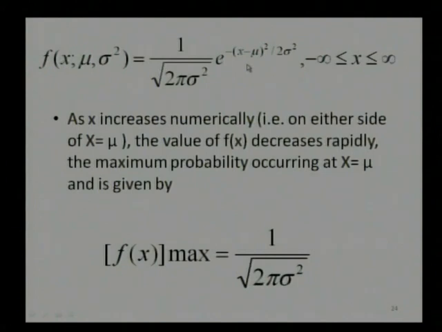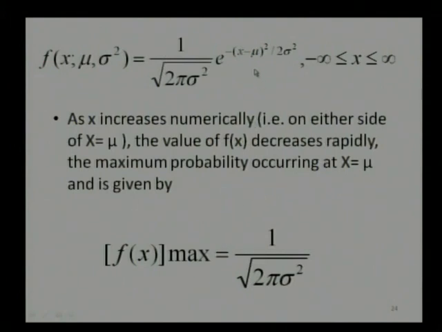Now e raised to 0 becomes 1, and the PDF at its maximum is nothing but 1 upon root 2 pi sigma square, or you can say 1 upon sigma into root 2 pi, if you take sigma square out of the square root, it becomes sigma. It is quite obvious.